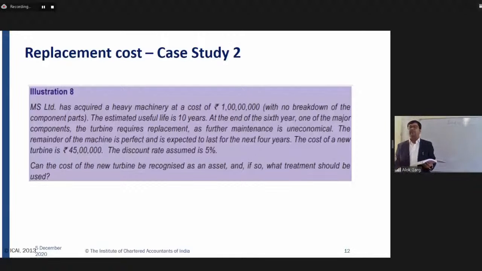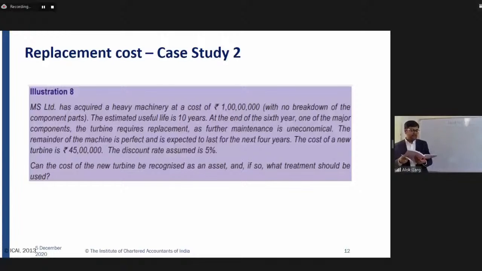So if an asset has significant components with different lives, component accounting is required. But if the life is not different and the company gets an ad hoc major replacement after 4, 5 or 6 years, the breakdown is only required, and such accounting is only required when that particular event happens. Otherwise not.